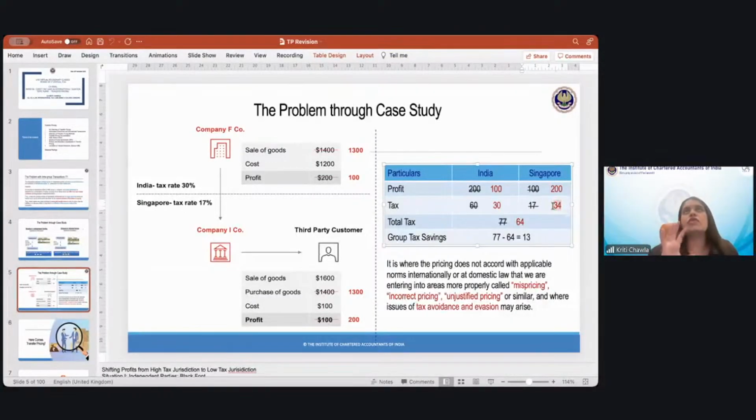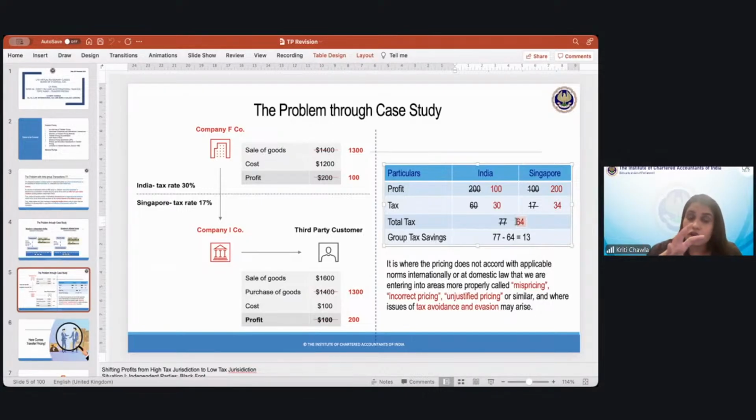And finally, if you look at it again from the group's perspective, the total tax that they're actually paying is $30 of tax in India and $34 of tax in Singapore, which makes it 64. Now, if you see, initially when they were not related, they were paying a tax of $77.